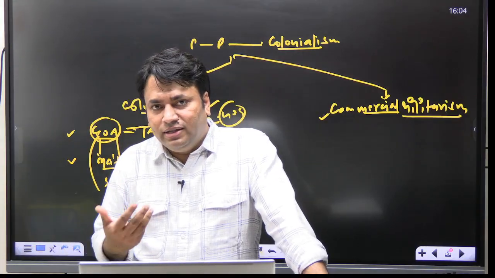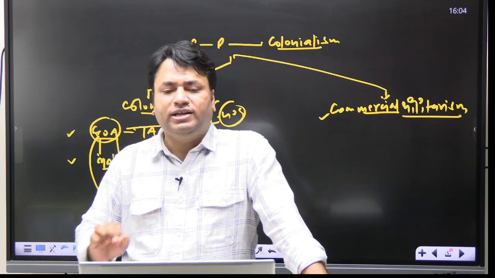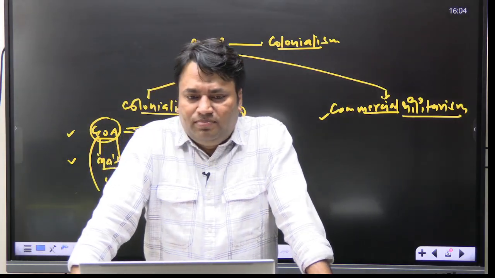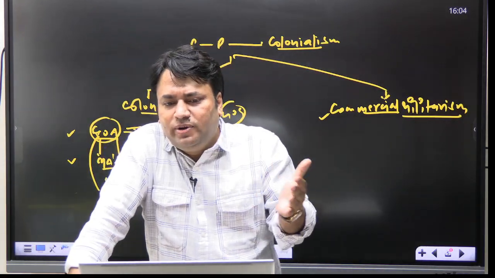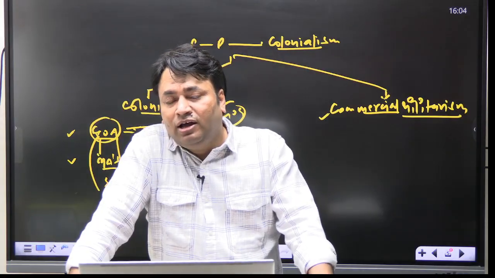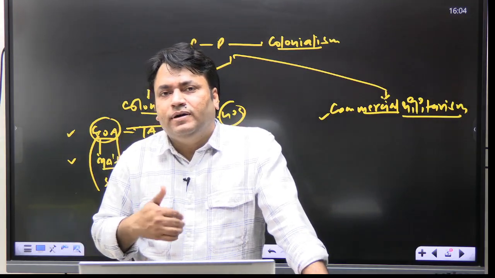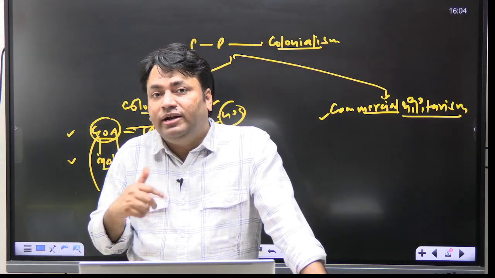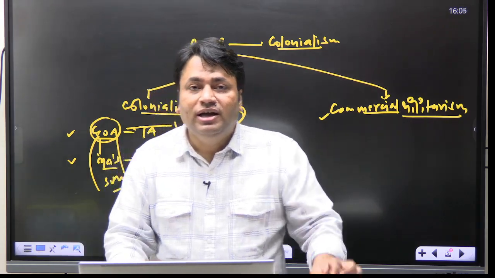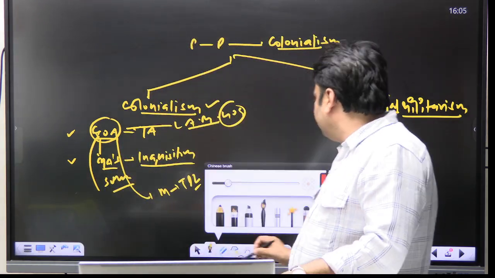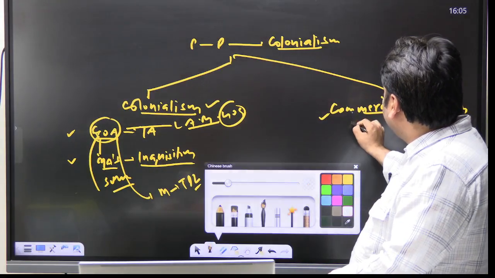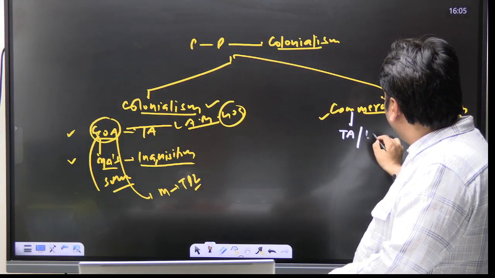So these arguments suggest that it was colonialism, but largely there are counter arguments which say that the Portuguese did not have vast territorial ambitions. Their territorial ambitions were very much limited, as I have already discussed with you.